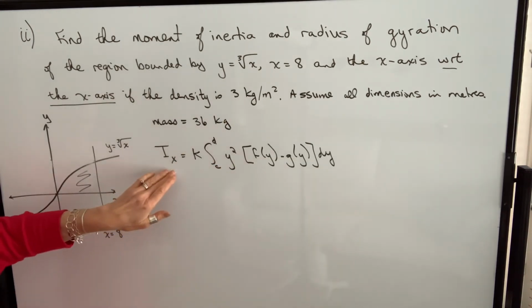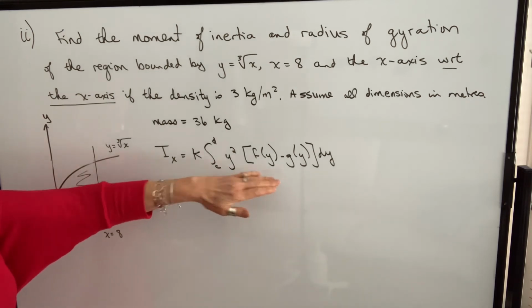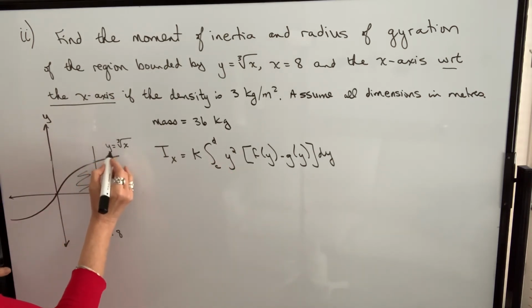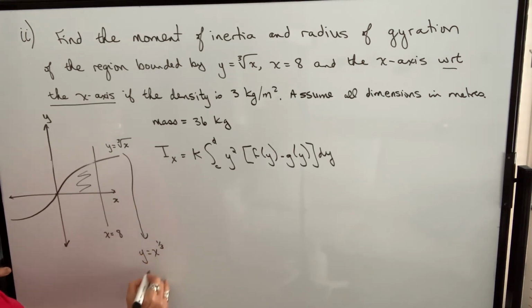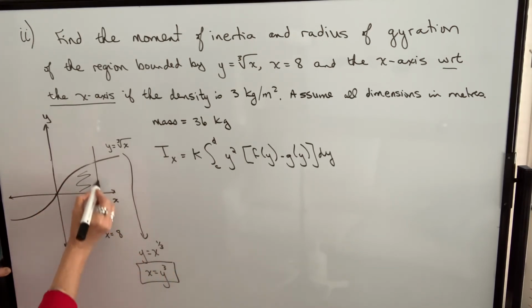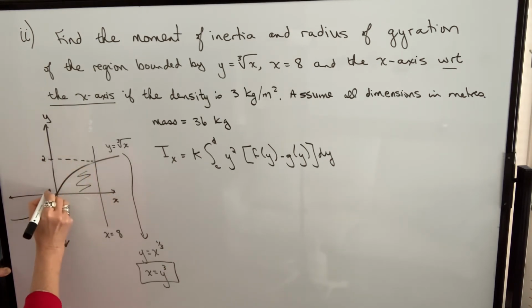Now we have to calculate the moment of inertia about the x-axis. We're doing everything in terms of y. So we have to write this as a function of y. If y equals x to the 1/3, then x will equal y cubed. So this is our function. And if x is 8, the y value at that point is 2. So I'm going from 0 to 2 rather than 0 to 8.